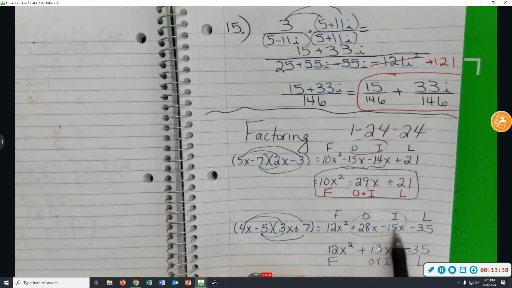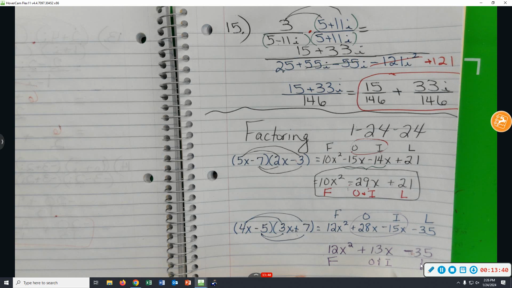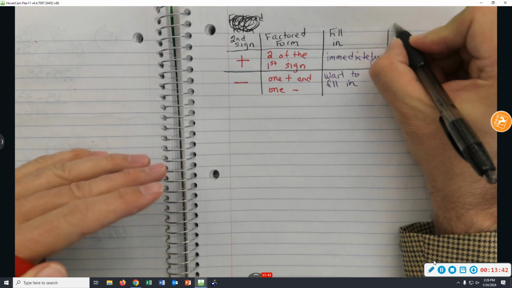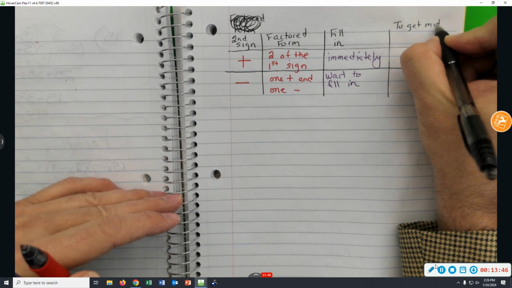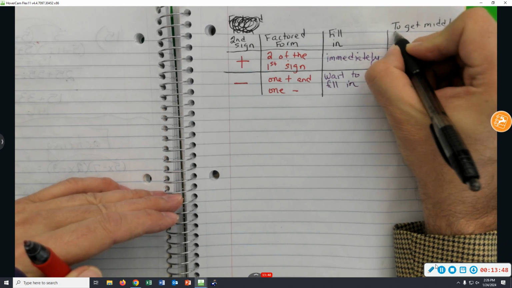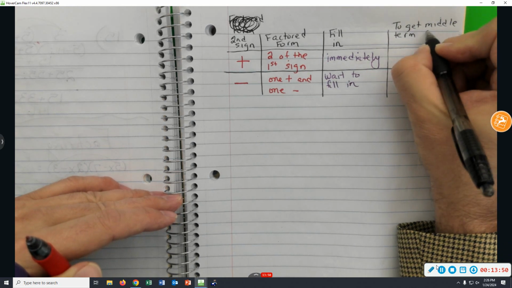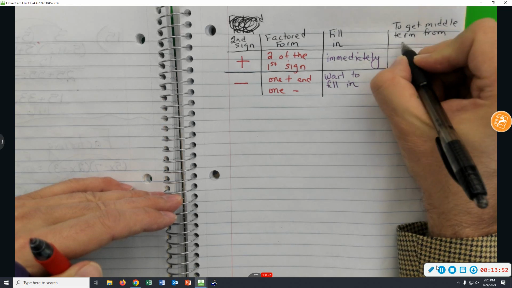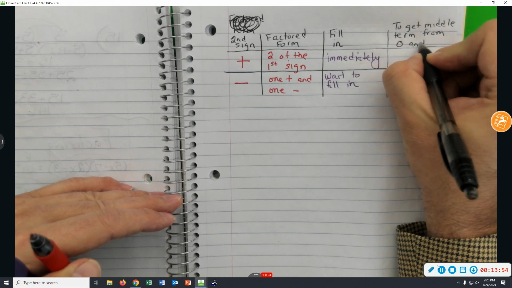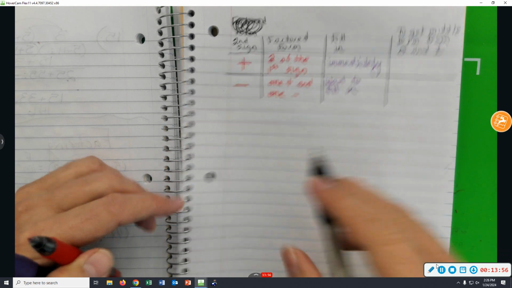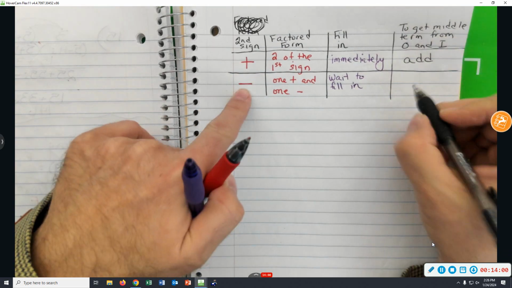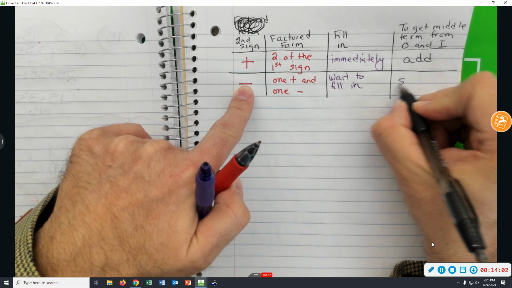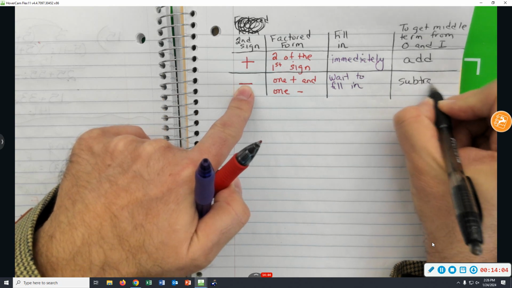What were we doing? You're subtracting. So to get the middle term from O and I, the outer and inner, if the second sign is plus, you're adding the numbers together. If the second sign is minus, you're subtracting.